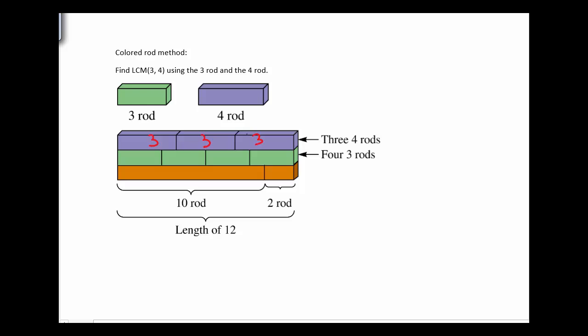This is rod length 4, and that's rod length 3. I notice those two sets intersect at the same length, and when I construct that length, I have to have a rod length of 12. So that's just a little more concrete way of doing it.